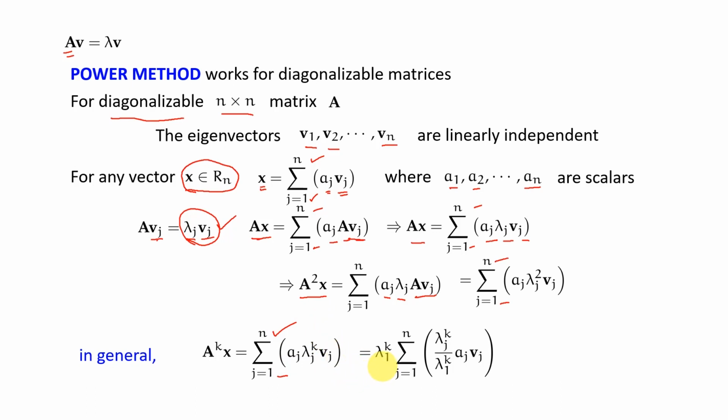Now this is a crucial step. Here I take this lambda 1 to the power k out of the summation sign. Therefore inside the summation I have lambda j to the power k divided by lambda 1 to the power k, aj vj summed over j equals 1 to n.